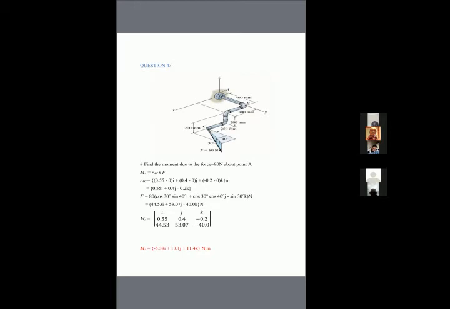So once you get your determinant there, you have your moment about point A, 13.1j plus 11.4k. So this is the moment in terms of its vector component. Sometimes you might be asked to find the magnitude of this moment.